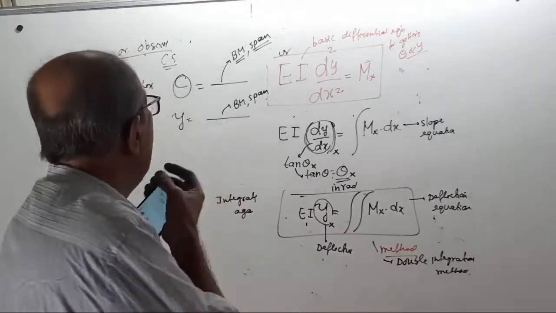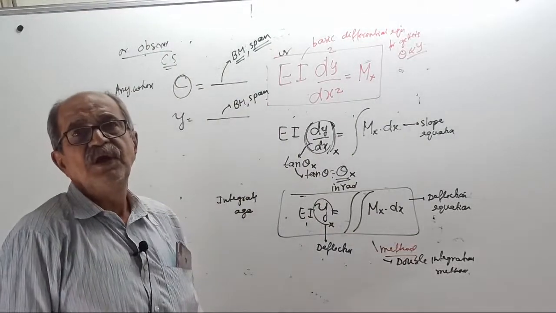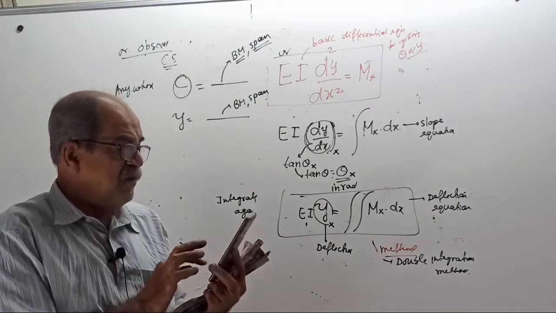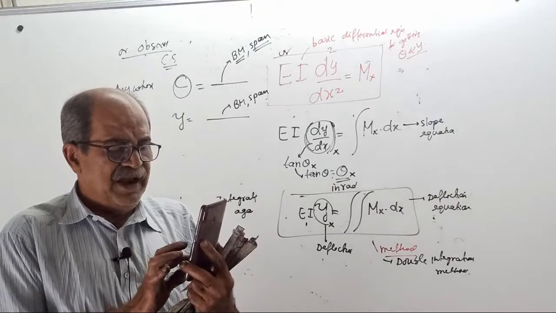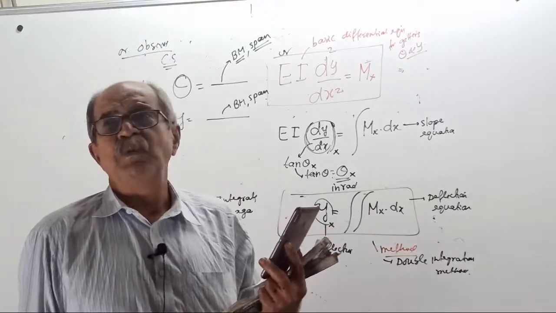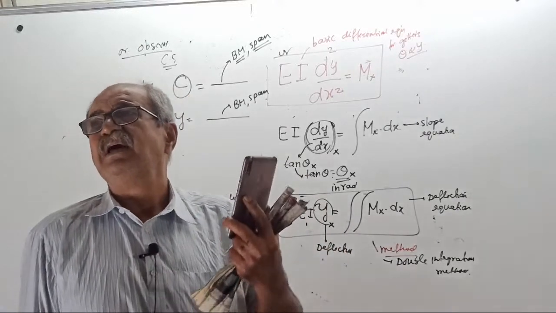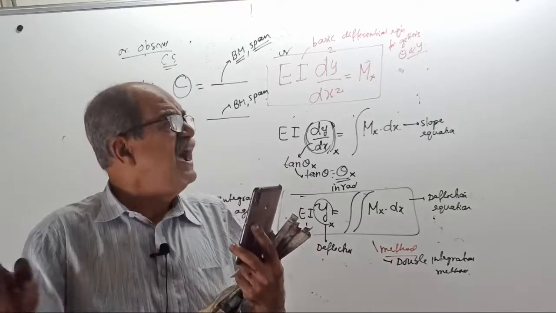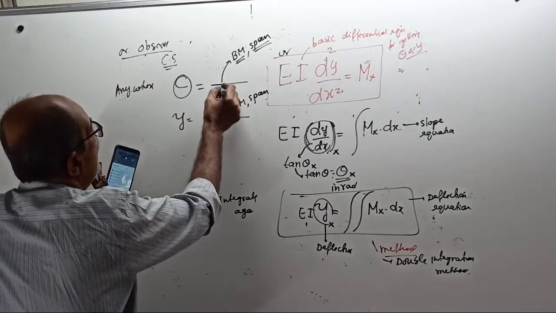Whereas, what will come in the denominator? Tell me fast. Throughout, not only here, whether you do it by the double integration method, Macaulay's method, conjugate beam method, moment area method, strain energy method using Castigliano's theorem, unit load method, stiffness method or flexibility method, any method you do, the denominator will be EI.